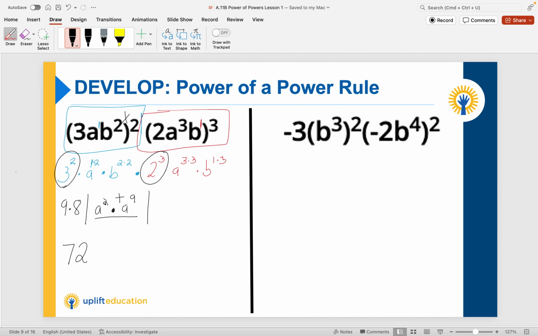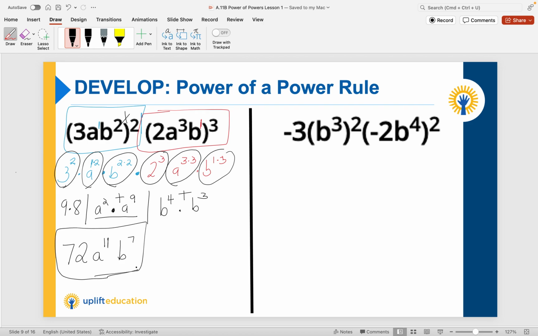There's no parentheses, so we're going to add 2 plus 9, which is going to give us a to the 11th power. And then, last but not least, we did our a's, we did our coefficients, now we're left with our b's. So we have b, 2 times 2 is 4, and 1 times 3 is 3. Put a plus in between. So 4 plus 3 is 7, so that gives us b to the 7th power. And now we're simplified and finished.